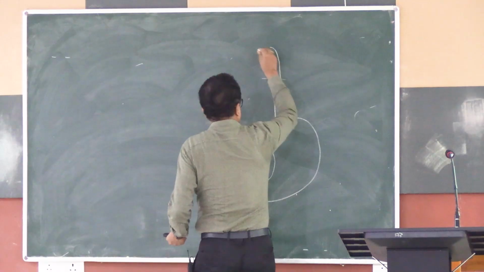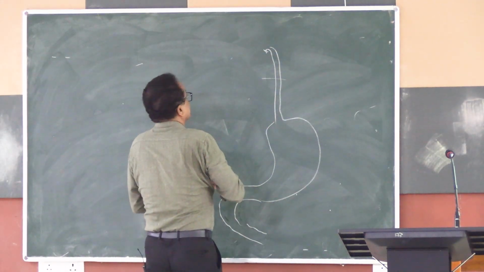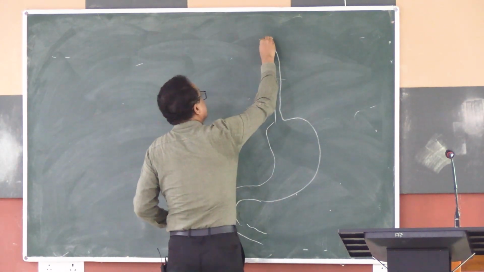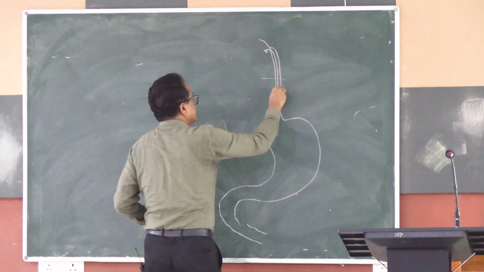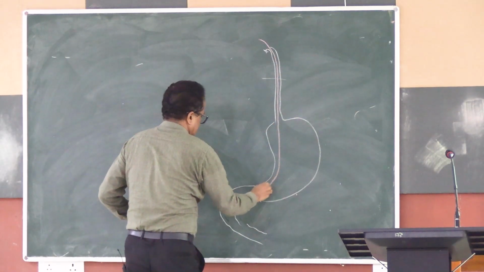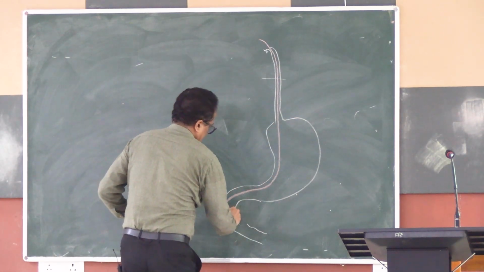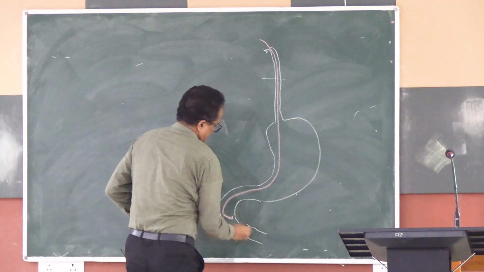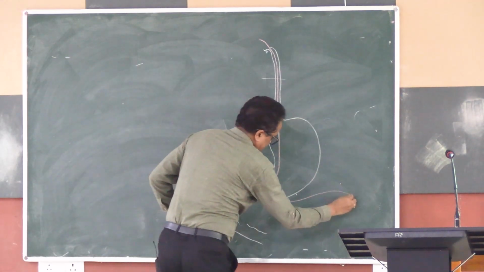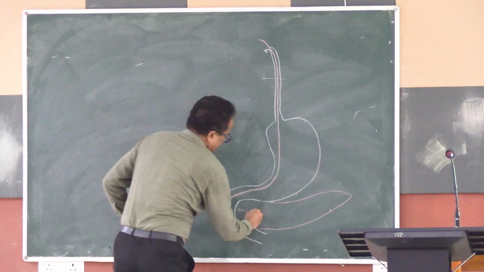So what they do, they put in a side view endoscope. It goes like that, goes like that, goes like that, and goes here. Here is the pancreas. Here is the pancreatic duct.